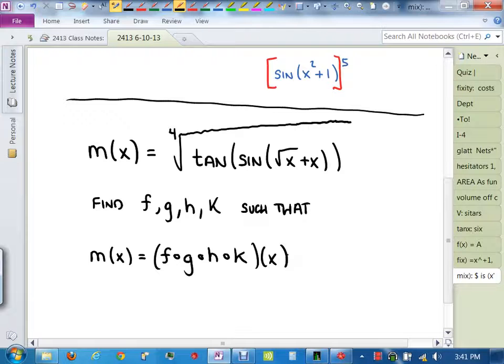So I'm telling you that there's a function inside of a function, inside of a function, inside of a function. 4 of them. Can you determine what they are? Remember I said work your way from the last thing happening back to the first, or work your way from outside in. Okay, go ahead.